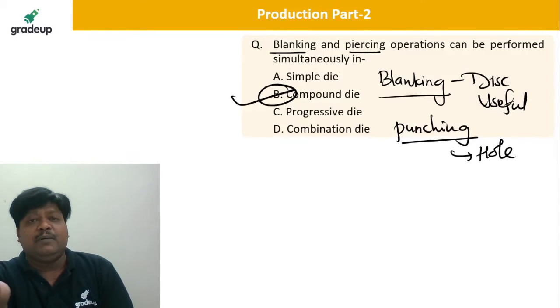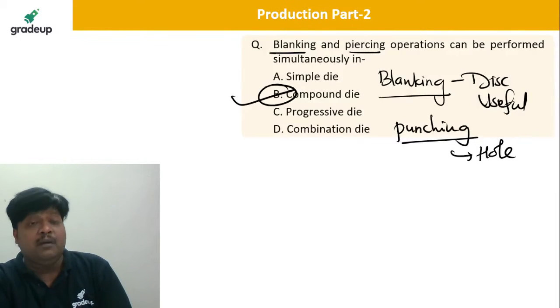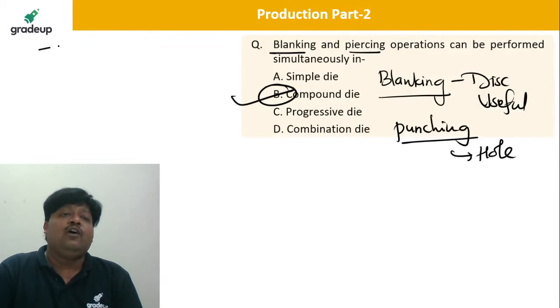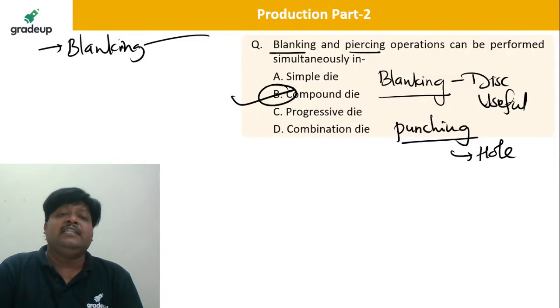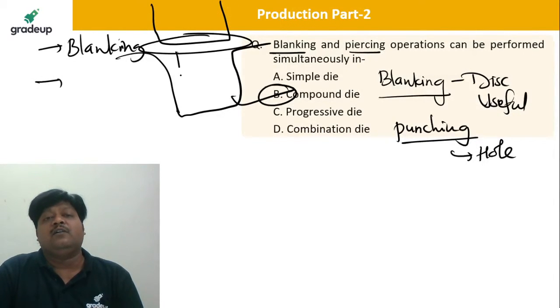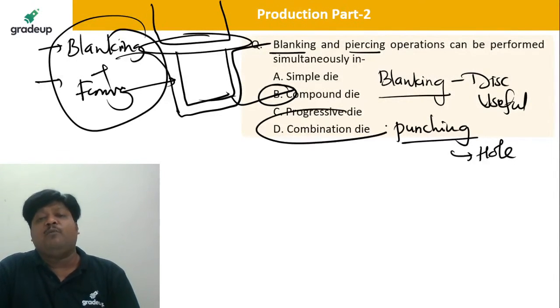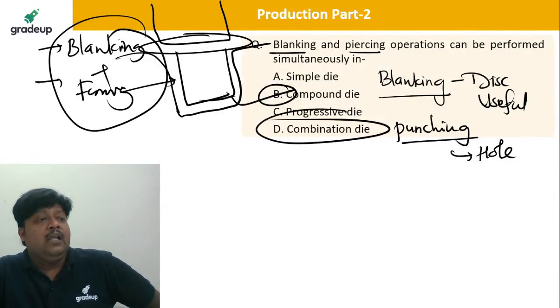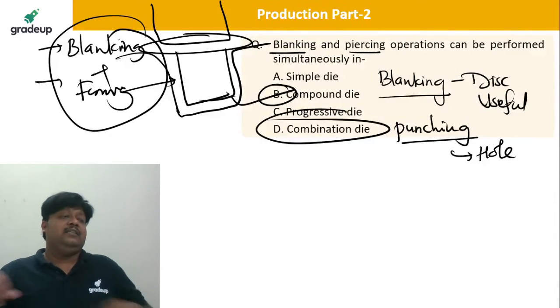Cutting is punching or blanking. Forming is deformation of the material to produce a cup. The first operation is blanking, producing the required blank, and now the punch goes again into the die to make the cup. Whenever cutting and forming are combined, it is known as a combination die. So B is the correct answer.